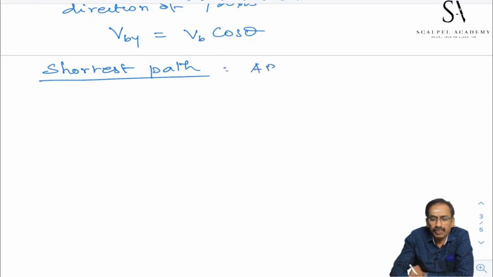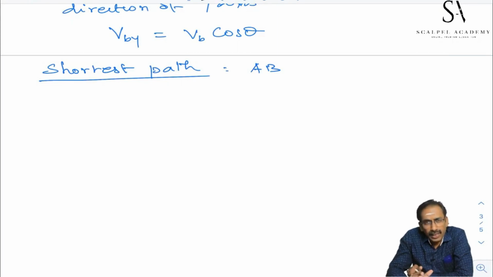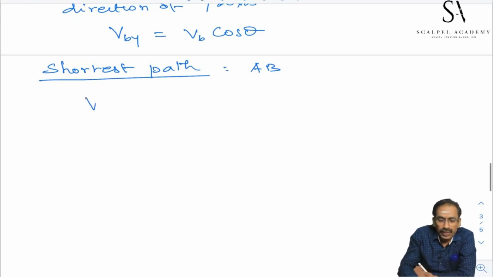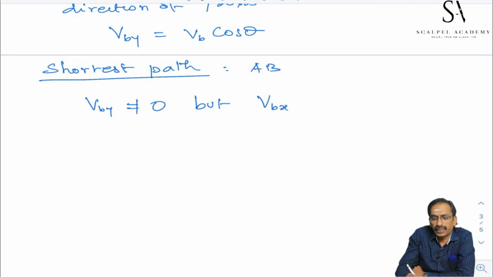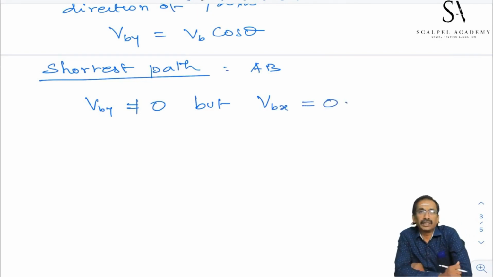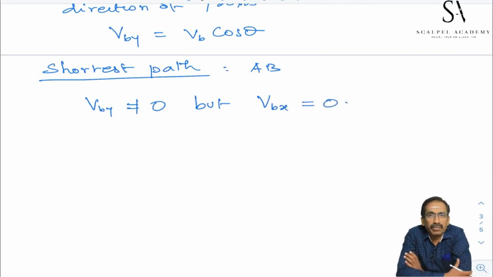That is AB. AB is the resultant direction. If so, the resultant velocity is along AB, it means along the y-axis. VBY is non-zero, but the velocity of the boat along the x-axis is equal to 0. Then only it is possible. Otherwise, the direction will not be along AB, but somewhere else. VBY is not equal to 0, but VBX is equal to 0.